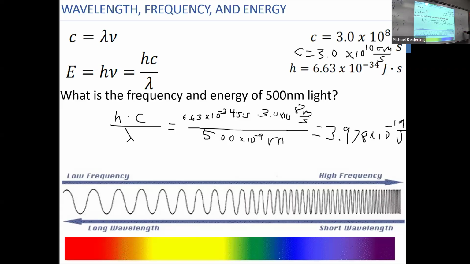So 3 times 10 to the 8 meters per second over 500 times 10 to the minus 9 meters, and that will come out to 6 times 10 to the 14 hertz.